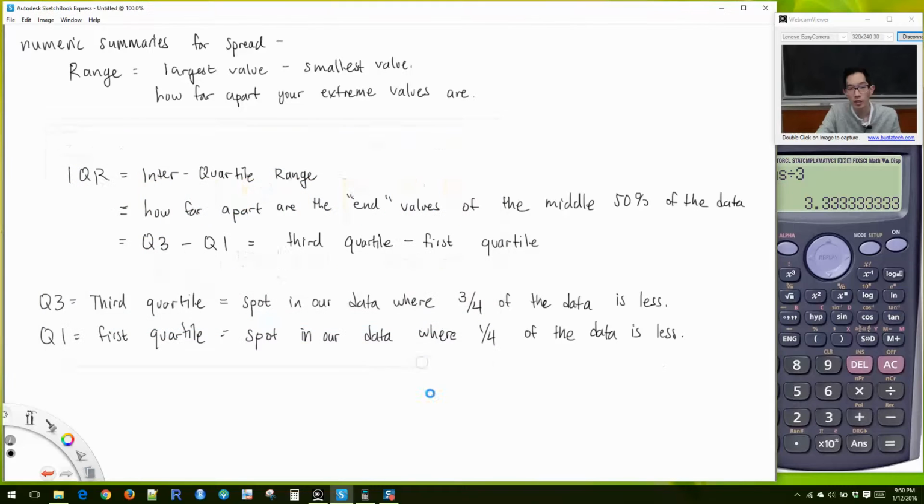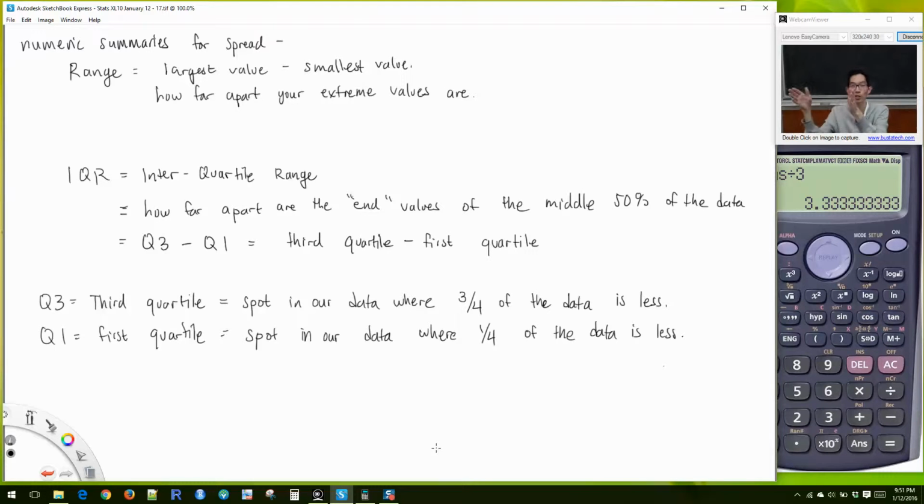Okay? All right, and so the way we find the quartiles is we take our list of data, arrange it from least to greatest, and then we find the median, okay? That's this halfway point. And once we find the median, we've essentially split our list into a smaller half and a larger half. Then all we do is take the smaller half and find the median of these numbers, and that's going to be our first quartile.